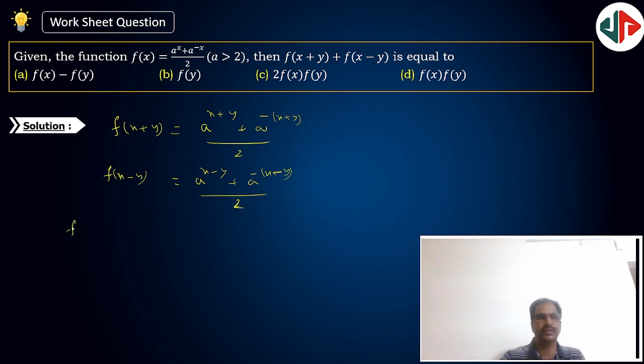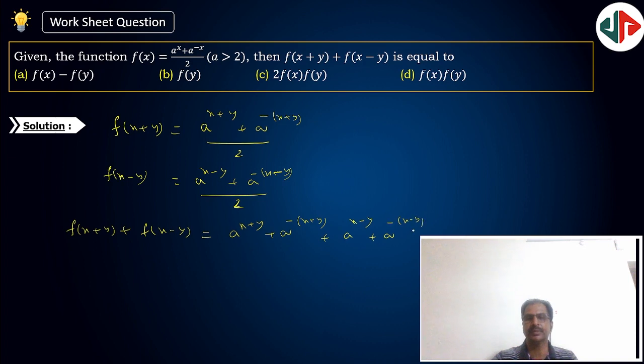Now the question is finding f of x plus y plus f of x minus y. If we add these two, e power x plus y plus e power minus of x plus y plus a power x minus y plus a power minus of x minus y by 2. This is f of x plus y plus f of x minus y.